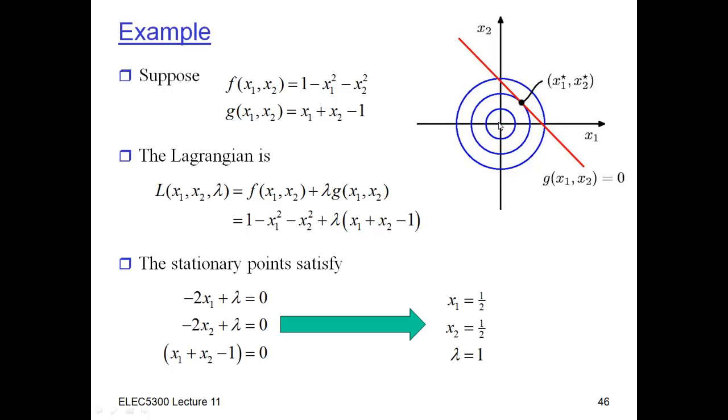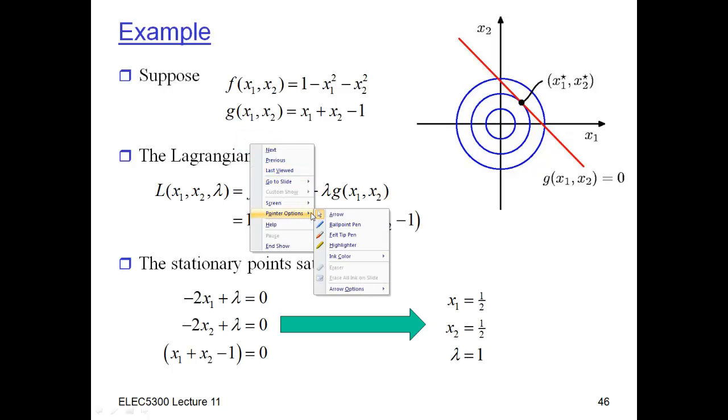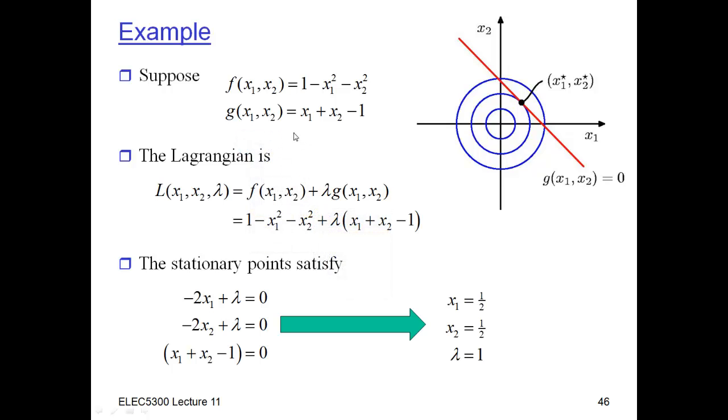But the problem is that I am constrained to stay along this red line, which is when g of x1, x2 is equal to 0, and g of x1, x2 is given by this equation here. If I set that equal to 0, I can write that as x2 is equal to 1 minus x1.